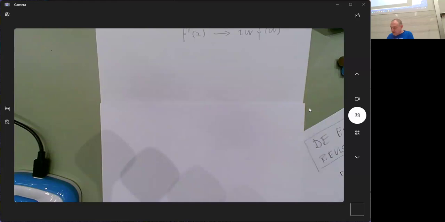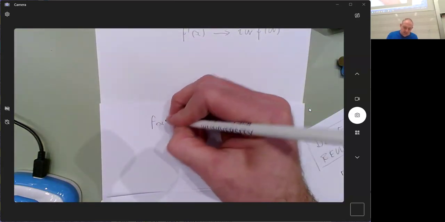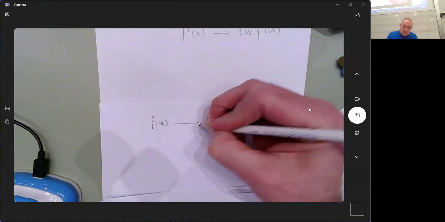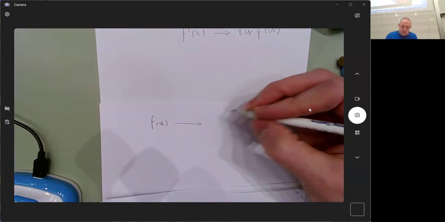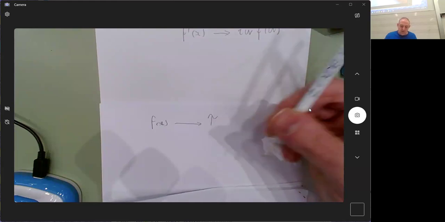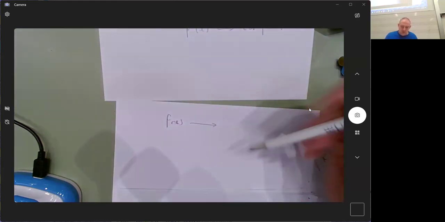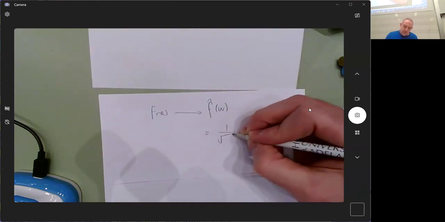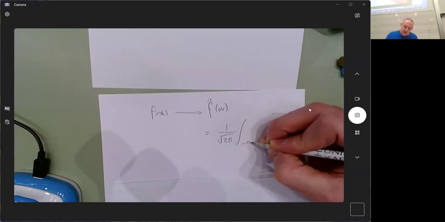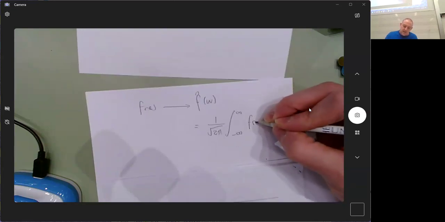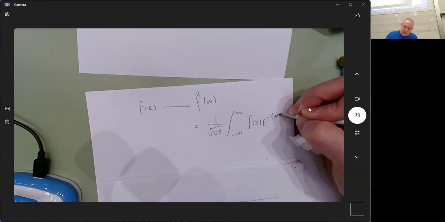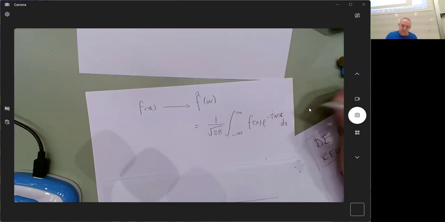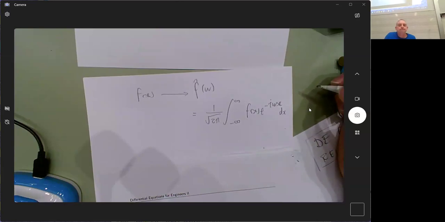So there's a definition. If you have f of x, then when you do the Fourier transform, which is traditionally called f hat of w, it is 1 over root 2 pi times the integral from minus infinity to infinity of f of x e to the minus i w x dx.